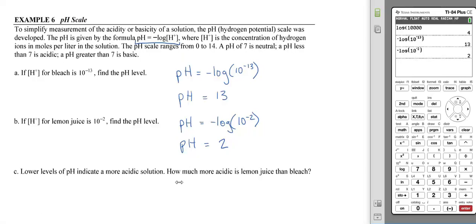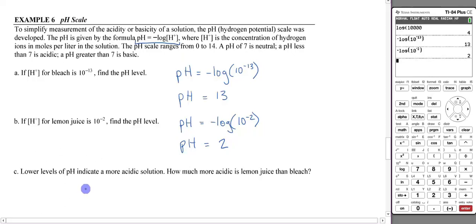How much more acidic is lemon juice than bleach? So we could take our 10 to the negative 2 and divide that by 10 to the negative 13. Simplifying that, we'd have 10 to the negative 2 minus a negative 13, which is 10 to the 11.